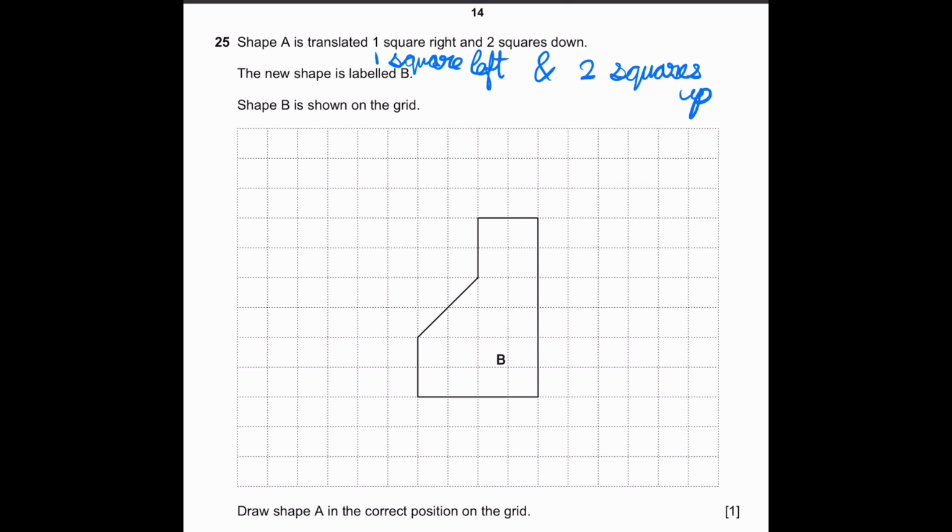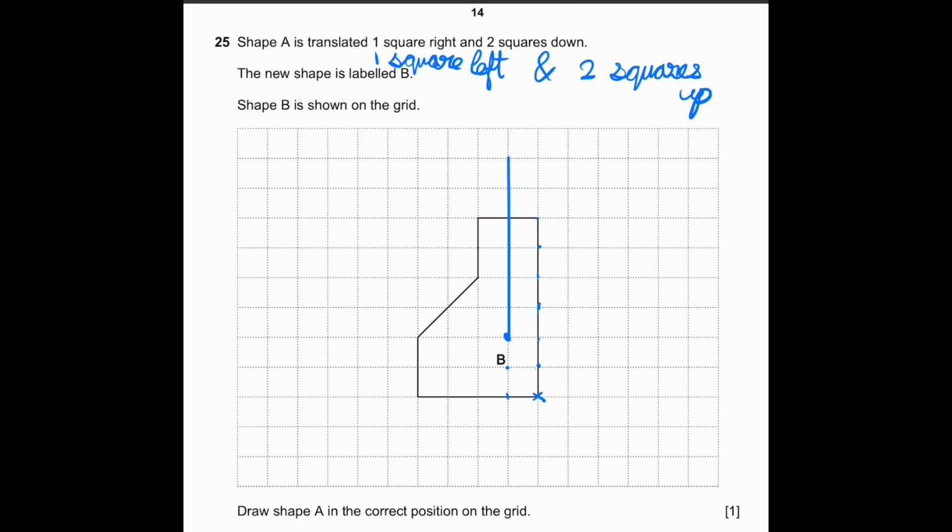Let us start with this corner. Here it is 1 square left and 2 squares up. It ends here. So now let's see how many squares it takes to get up. 1, 2, 3, 4, 5, 6. So we'll have to draw a line 6 squares up. 1, 2, 3, 4, 5, 6.